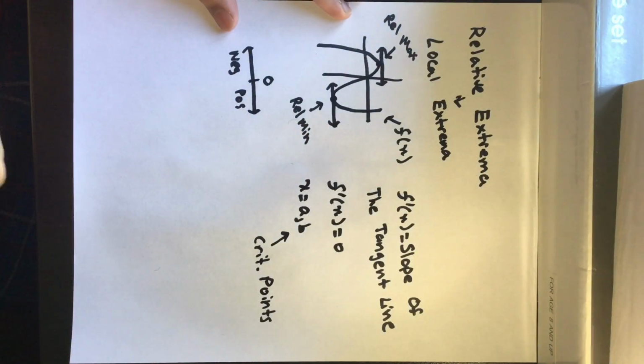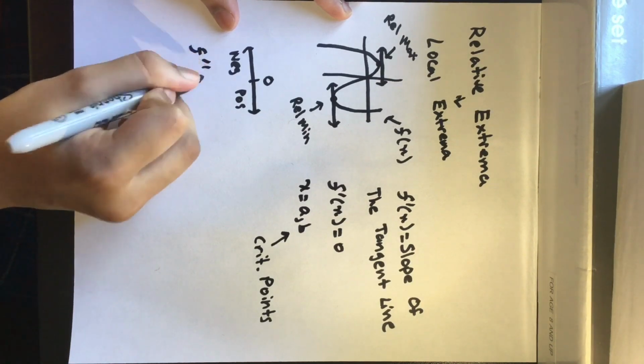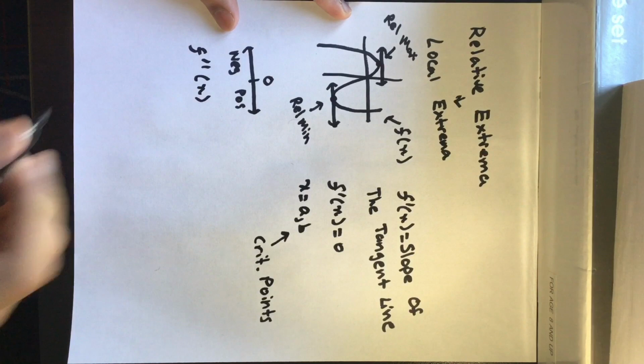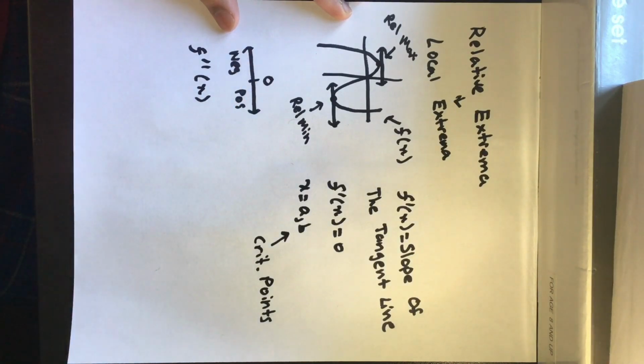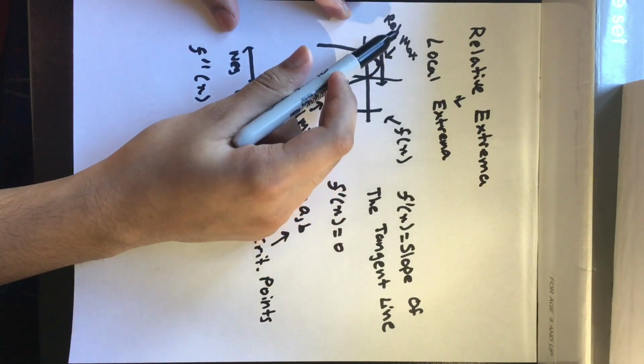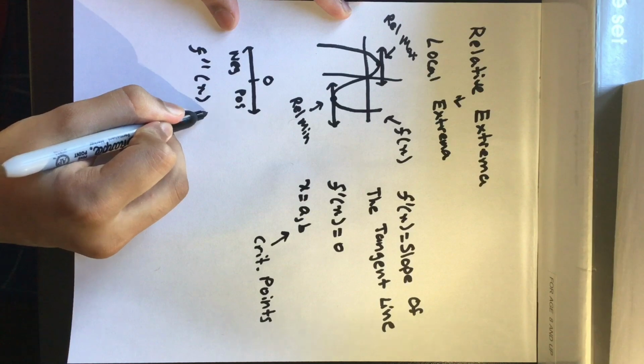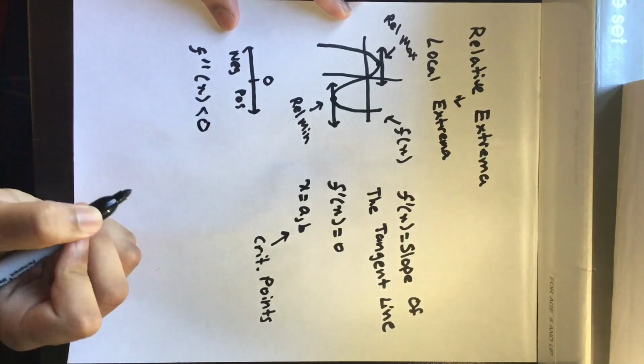So we do something called the second derivative test. f double prime of x. We take the second derivative of f(x). Now when f(x) is going from increasing to decreasing, when there's a maxima, f double prime of x will be less than 0.